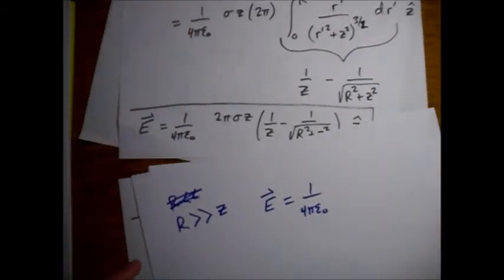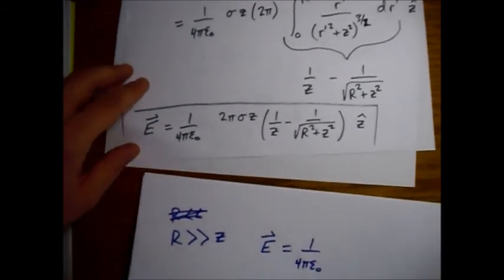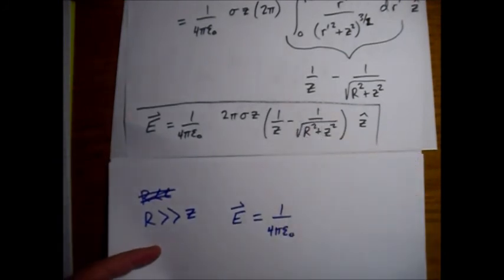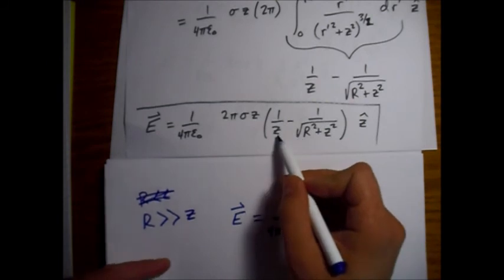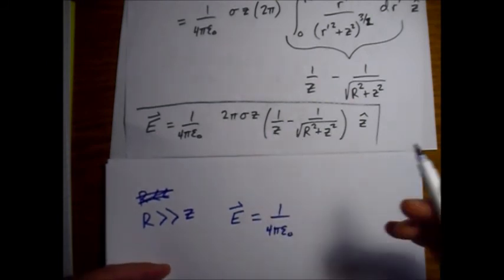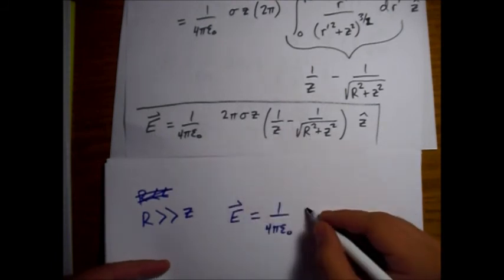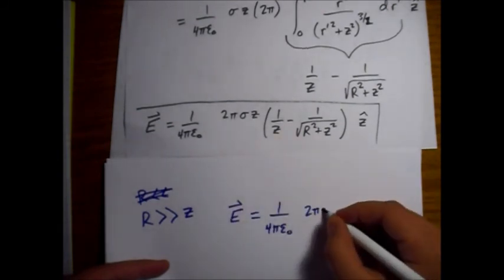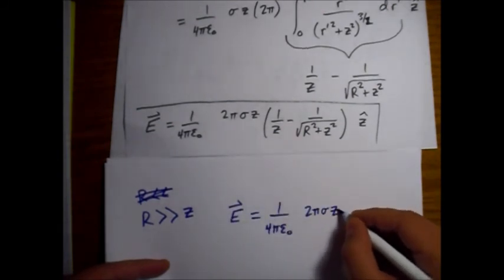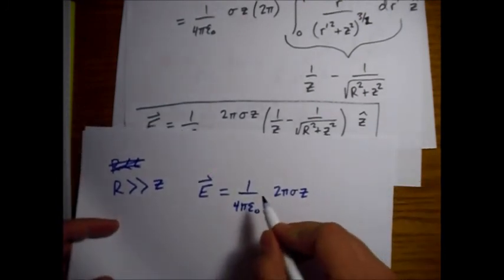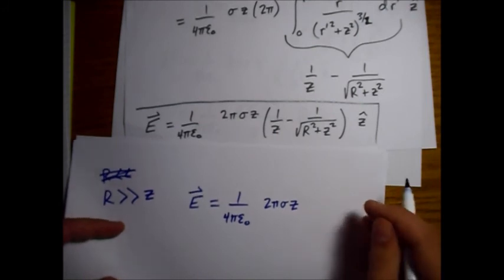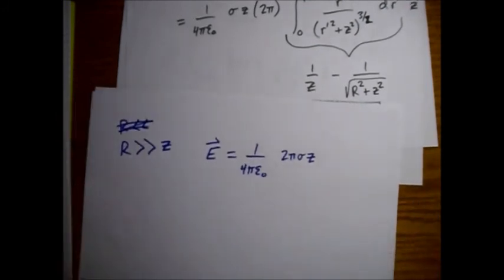So this time R is going to dominate. Is that right? So we just get basically a 1 over R, and this z is very small. So we have a 2 pi sigma z, and just double check this one again.